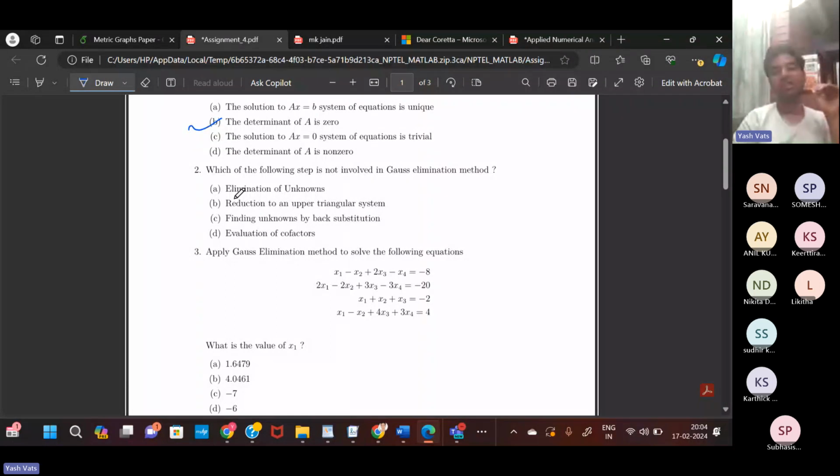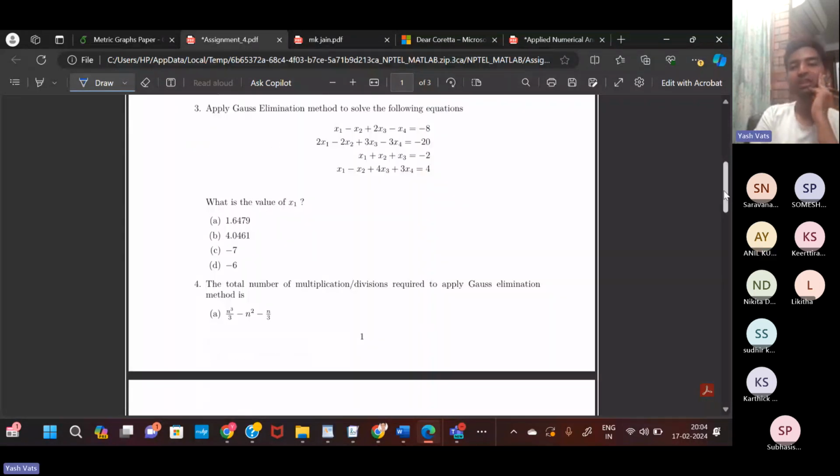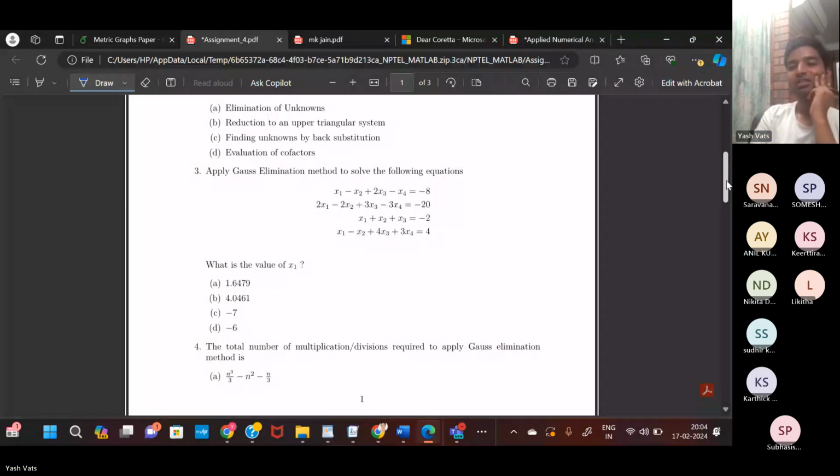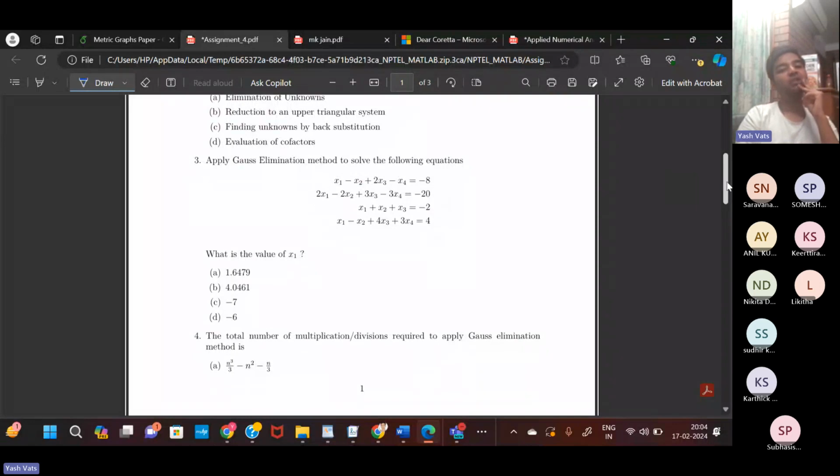Unknowns elimination means you are trying to find the values step by step, eliminating each value. I think it should be the case, but it's a vague statement. It should be written clearly and precisely. It's just a vague statement. Like Gauss elimination.